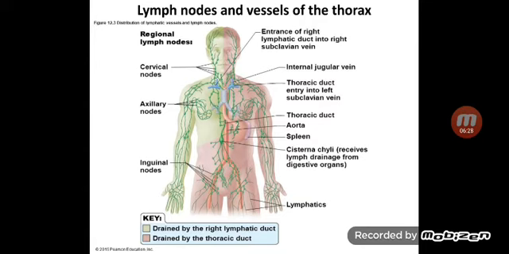The mediastinum, the lymphatic drainage of the mediastinum. We mentioned in previous lectures each region and its lymphatic drainage. So there are lymph nodes scattered and distributed throughout the mediastinum.